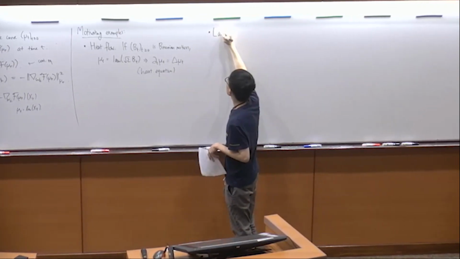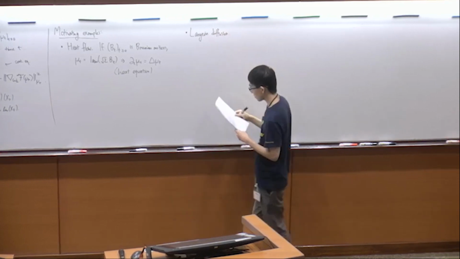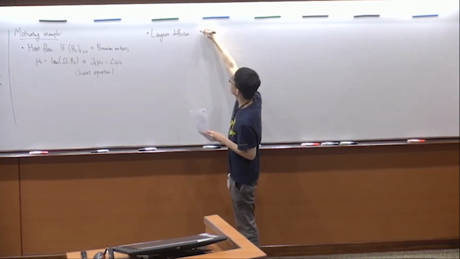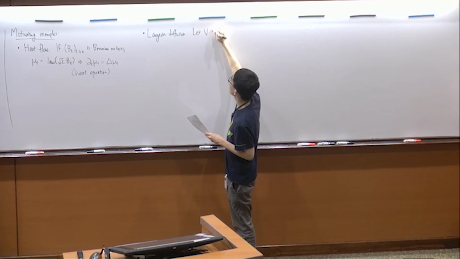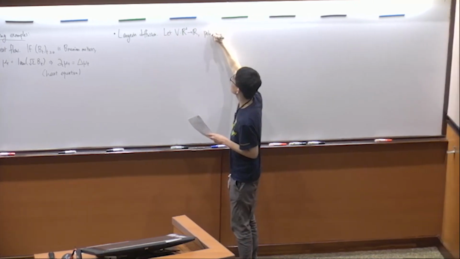Slightly more generally, we're going to talk about the Langevin diffusion. The Langevin diffusion is specified by a function V over Euclidean space. This is going to be called the potential energy.